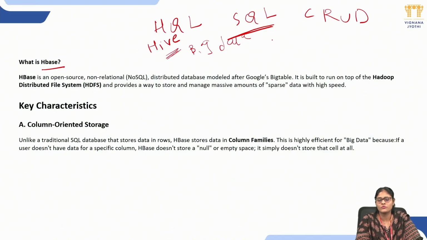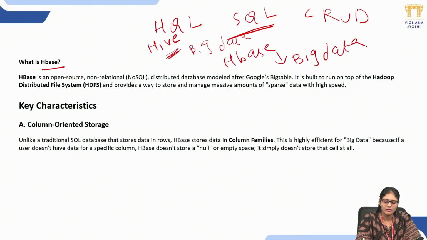There is no difference. If you see a query, you cannot identify whether it is a structured query or a Hive query, because the query will be the same for both languages. The only difference is that Hive query language can be used on HBase, which is designed specifically for big data, whereas SQL is not specific to big data. So Hive can be performed only on HBase. That is why Hive query language is used exclusively for big data.